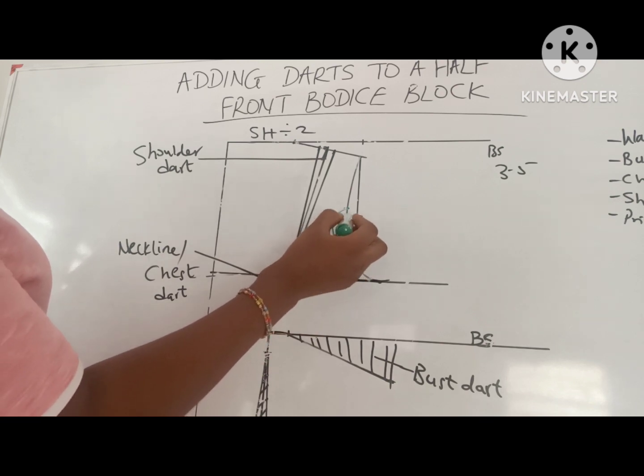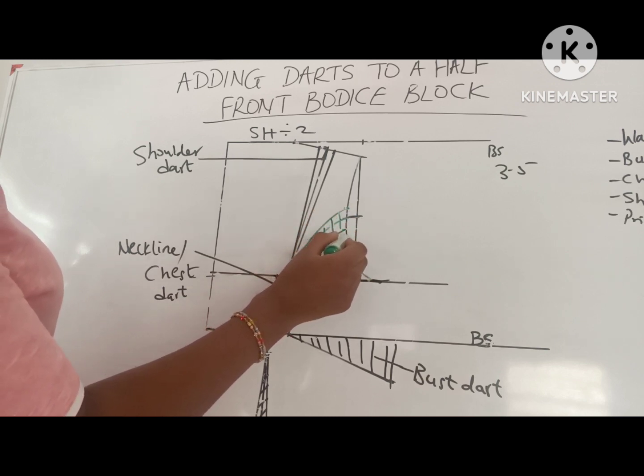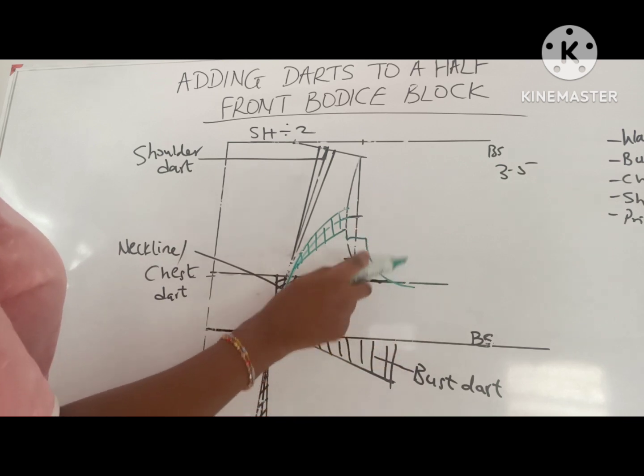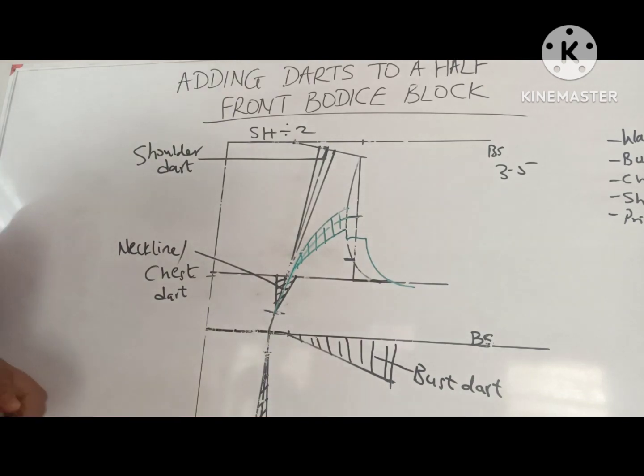And when you do that, from here to here is 1 inch, you will now come out by the same 1 inch and now reconnect the armhole. So those are the different ways you can add that.